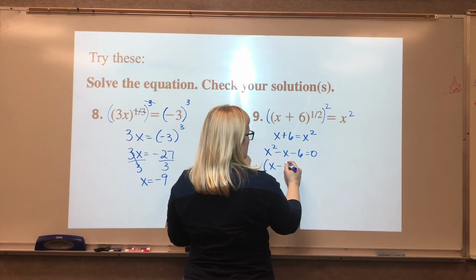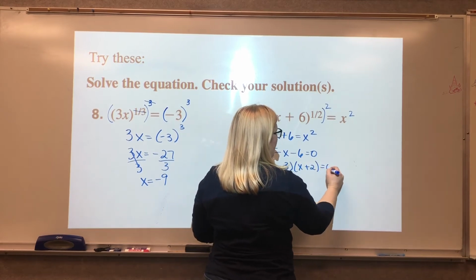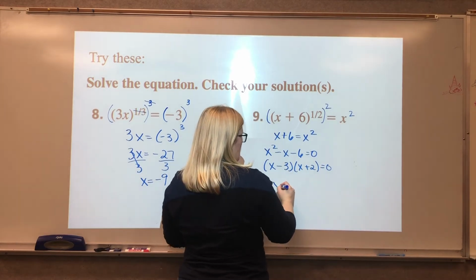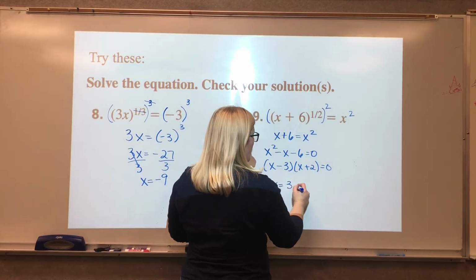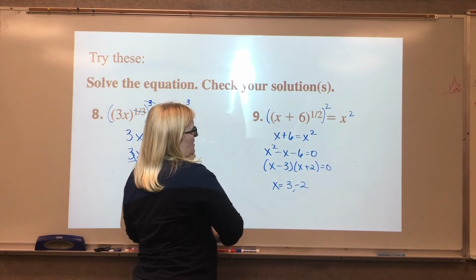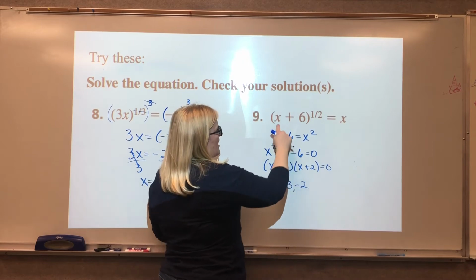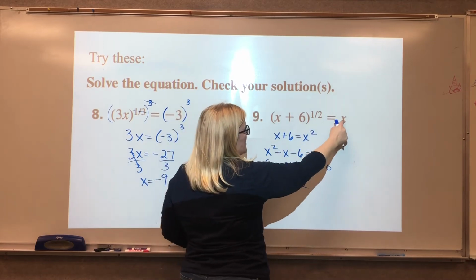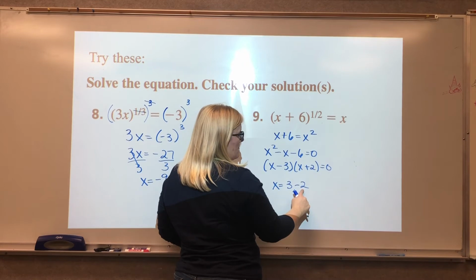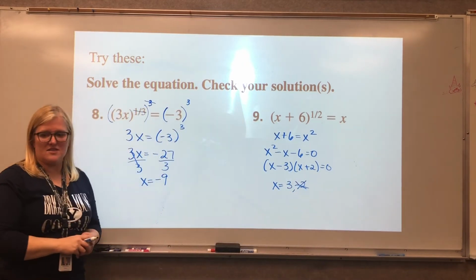After I have factored it, (x minus 3)(x plus 2) equals 0. So x equals 3 or -2. They might both work, but I don't think so. Hopefully what you see is you're taking the square root of this and it can't equal a negative number. Okay, so -2 is extraneous.